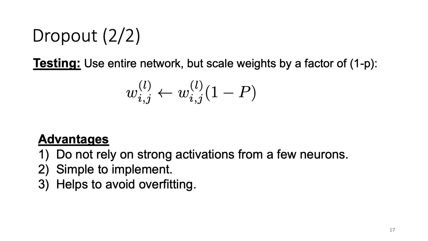And for testing, when we want to test on a new data set, we use the entire network, but scale the weights by a factor of 1 minus p. Assuming that was a half, it's going to be half. And the advantages, as I mentioned, are that they do not rely on strong activation, it's very simple to implement, and it helps avoid overfitting.